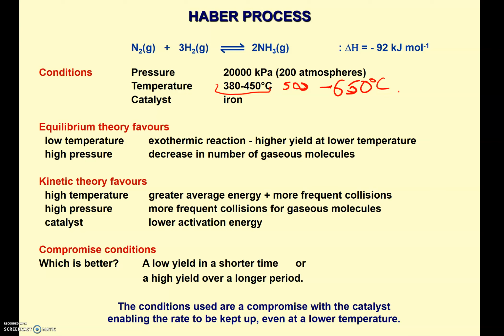The cost of having something at a low temperature and high pressure is very high, and similarly a high temperature, high pressure and catalyst also costs a lot of money. At the end of the day people want to make money, and they're not going to do that at those conditions. So what actually happens is that you have a pressure of 200 atmospheres, a temperature of between 500 and 650 degrees Celsius, and an iron catalyst to lower the activation energy. Those are the compromise conditions that they come up with.